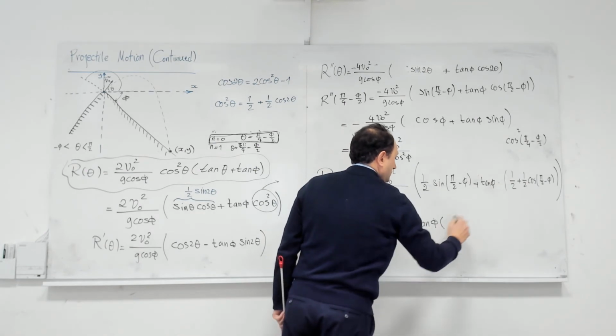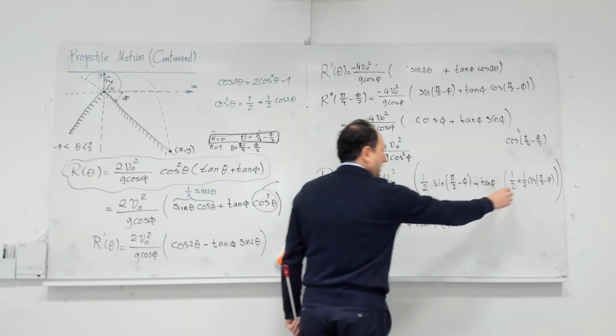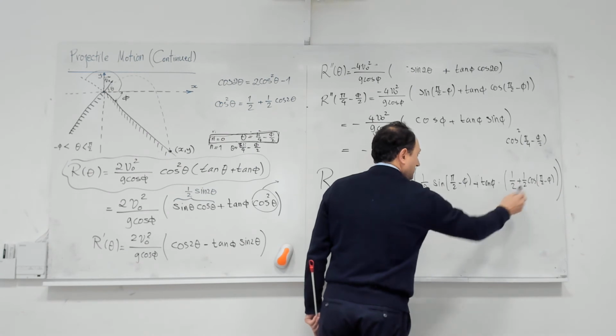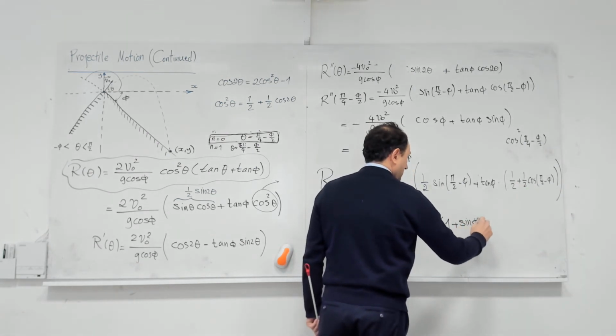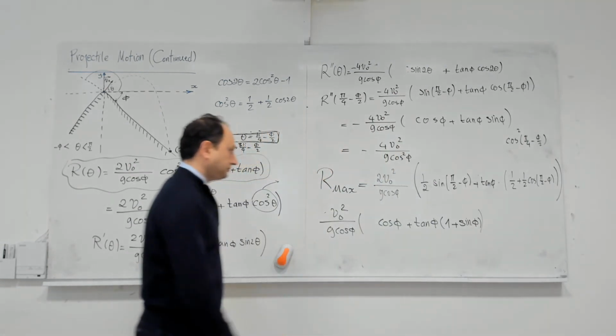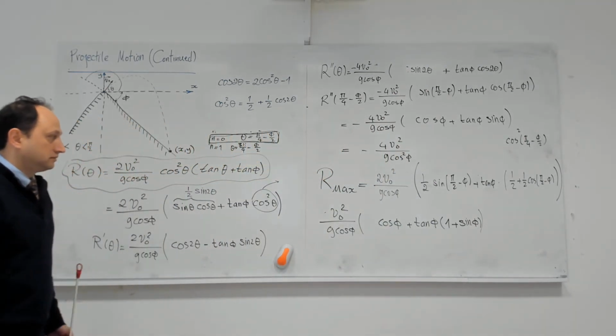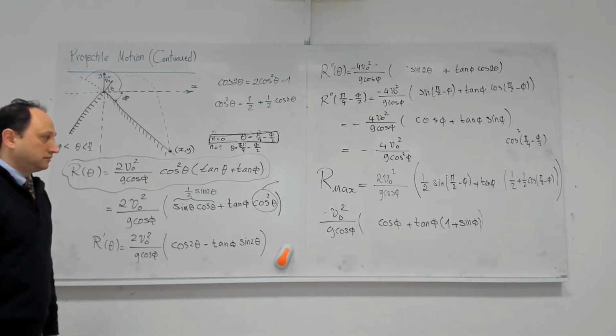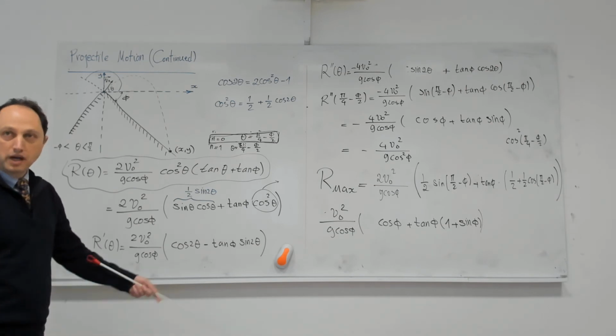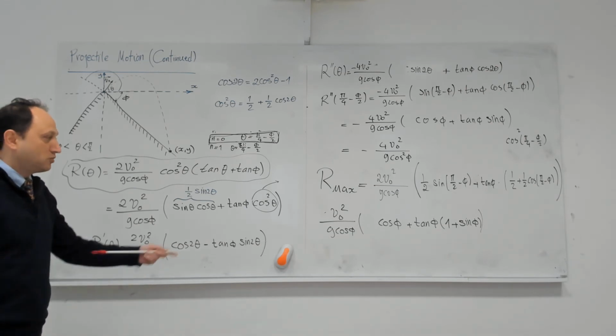I factored 1 over 2 out, so 1 is left. I factored 1 over 2 out, so 1 is left. But cosine of pi over 2 minus phi has a better name. Yes? So this is the maximum range. Okay, but can you make it more beautiful?